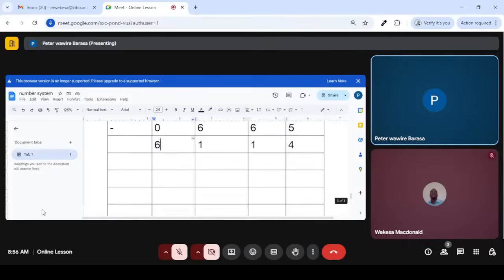Okay. The next thing we are going to is what we call the hexadecimal. Hexadecimal is base 16.